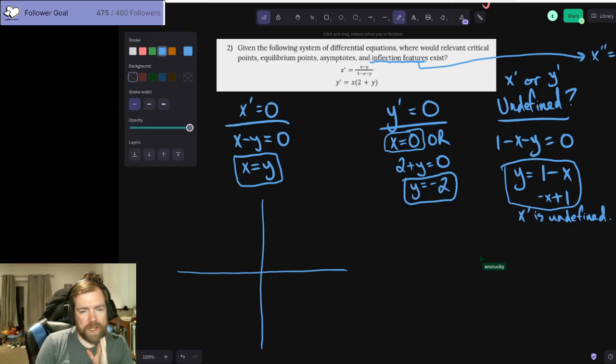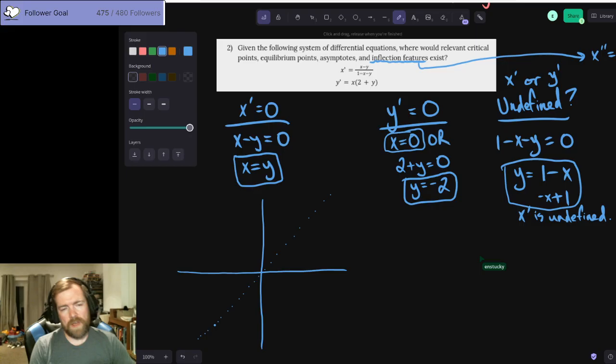Right, so we want to mark individual points where we may have something interesting going on. We have the line x equals y, or y equals x, where x prime is going to be equal to 0, so this is our horizontal change, which means that we're going to have what?